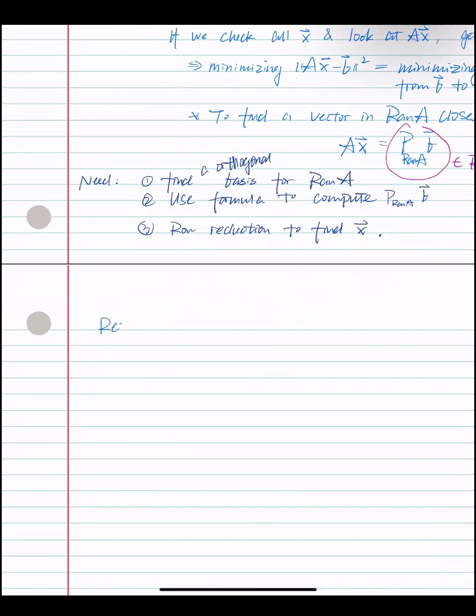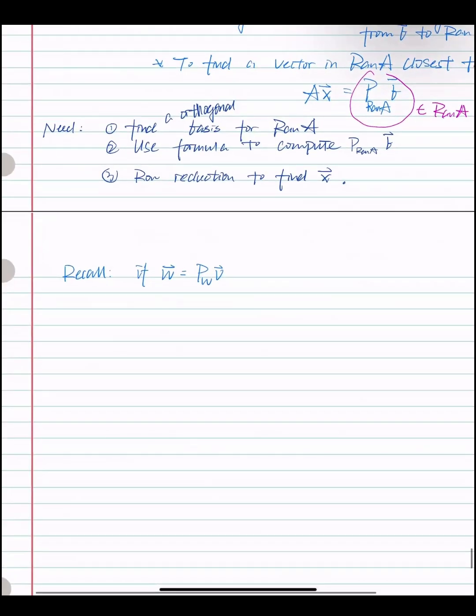Recall, if we have w equal to the projection of v onto a subspace capital W, then that means my v minus w is the zero vector.